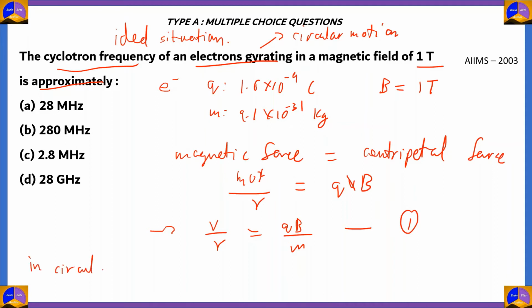In circular motion, the velocity of the particle v will be equal to distance, which is the circumference, that is 2 pi r, divided by the total time period T. So we'll get the time period in this scenario as 2 pi r divided by v.